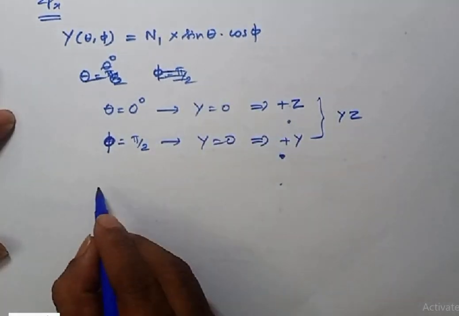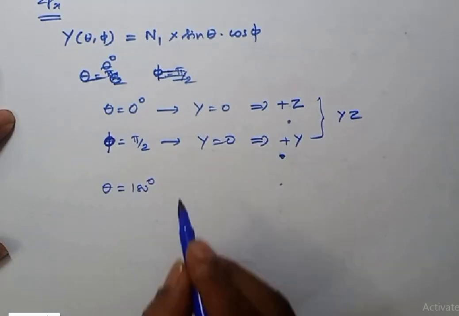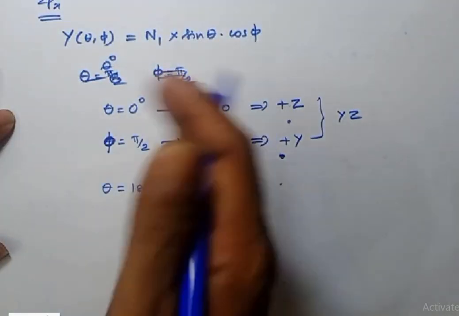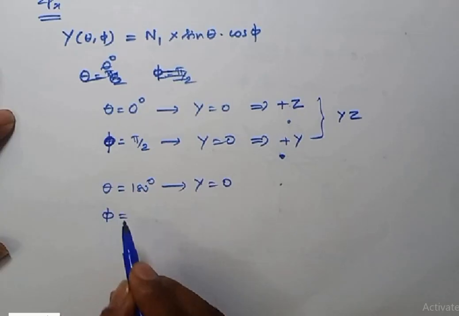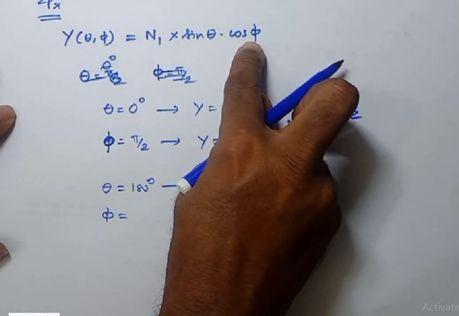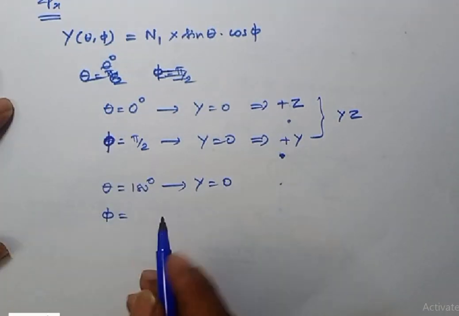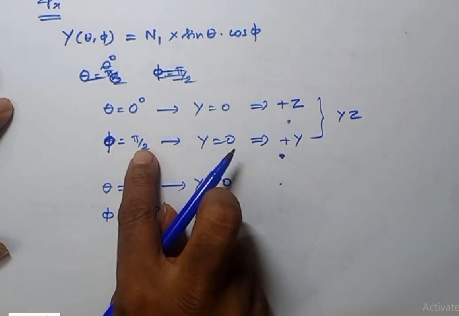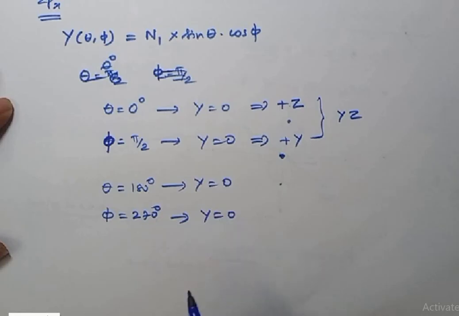And what is the other possible value? If I put theta equal to 180, observe carefully. Sin 180, all sin values at multiples of pi, are 0, so then also the wave function becomes 0. Then for phi, I'll take 270. If I take phi 270, then also the wave function becomes 0.